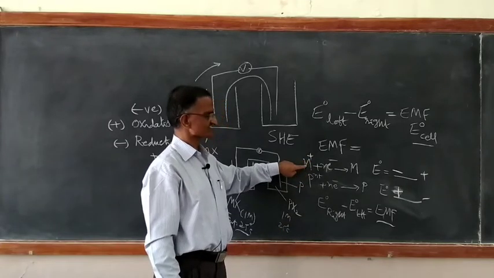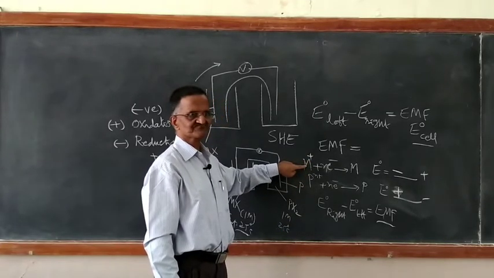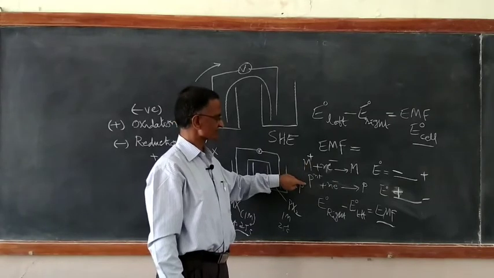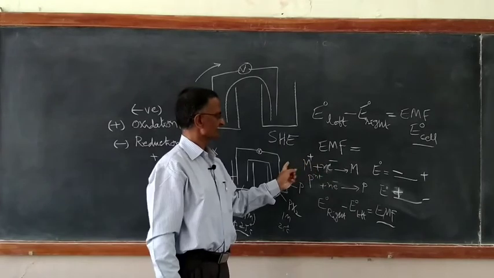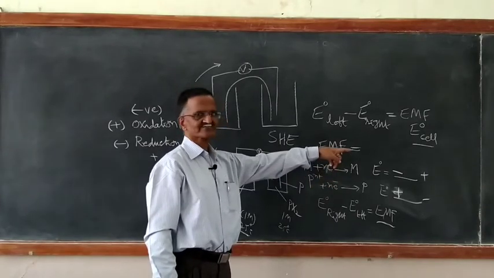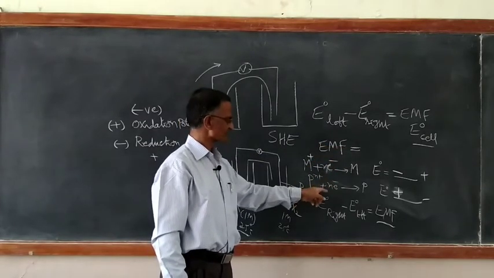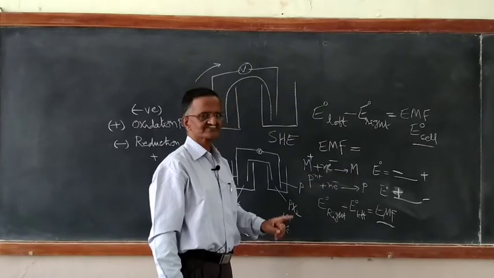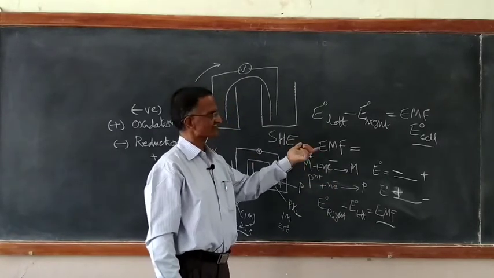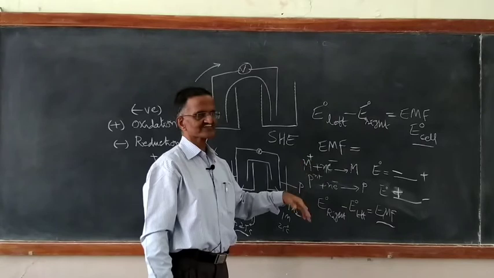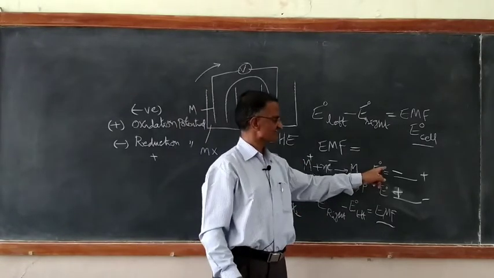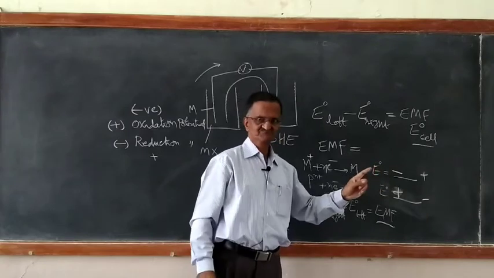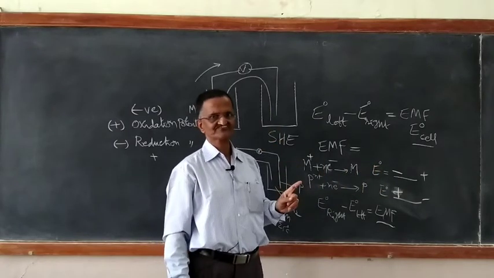For this, the oxidation potential value is given, for this, the reduction potential value is given. How to do it? I can change the equation. M gives M plus n electrons. P plus n number of electrons gives P. That means for one the oxidation potential value is given, for the other one the reduction potential value is given. Don't blindly change the sign for both. Don't change the sign for both.